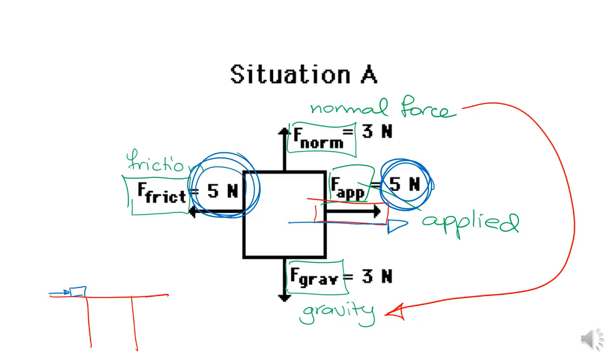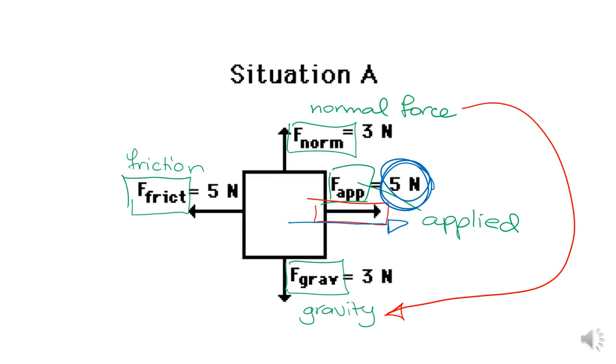So you are pushing that book, but not hard enough to overcome the friction. It's then got the force of gravity pushing down on it and the normal force that is holding it to the surface of the table. So that's a situation where you might see this force diagram.